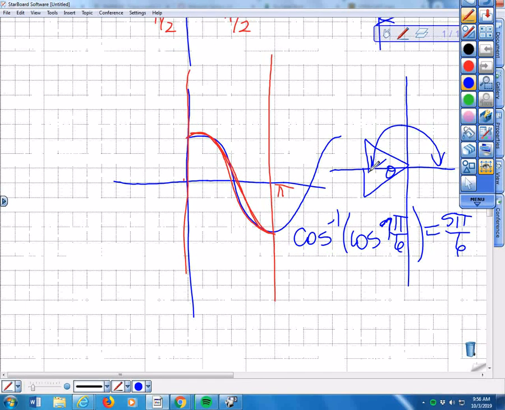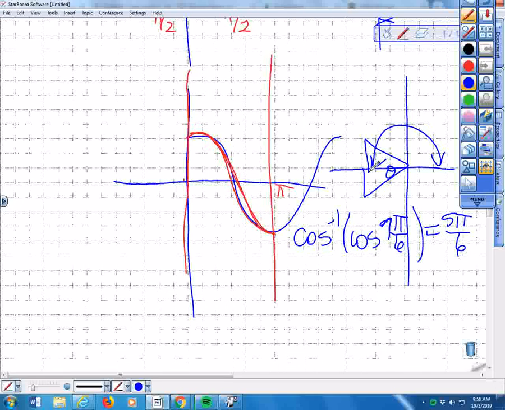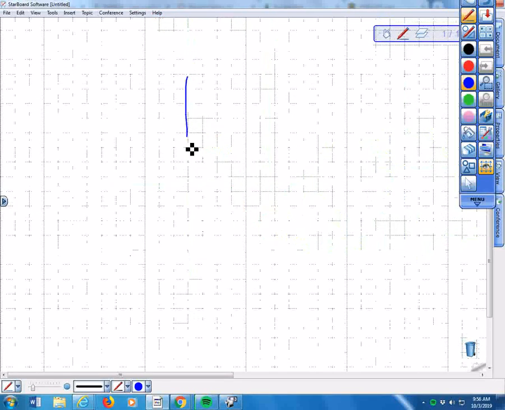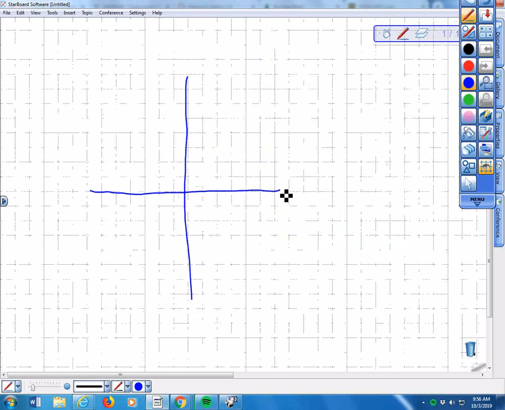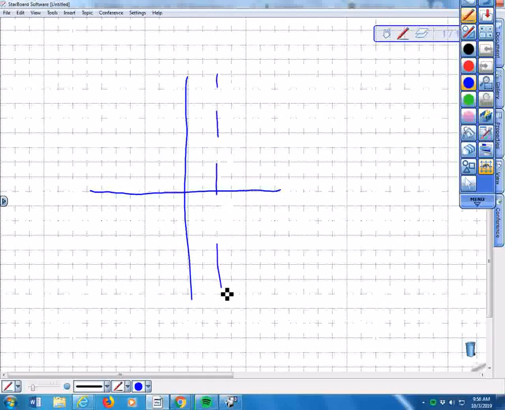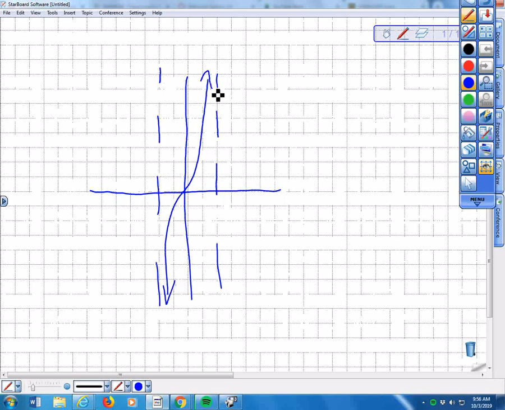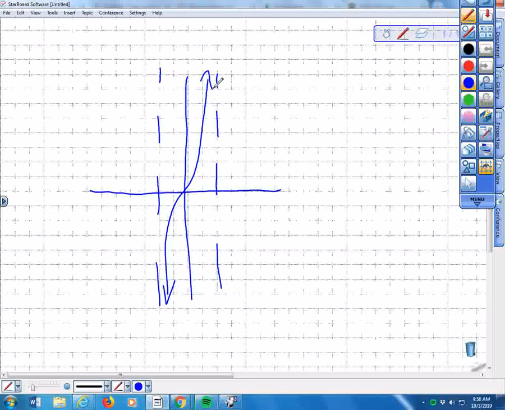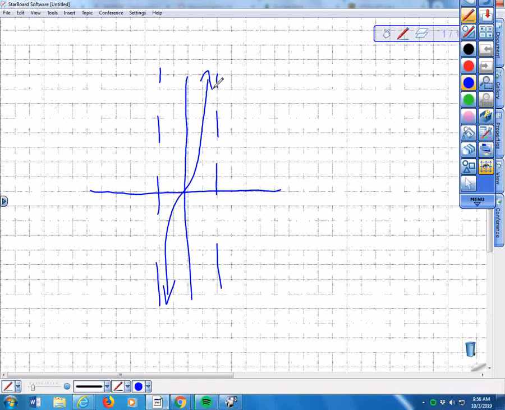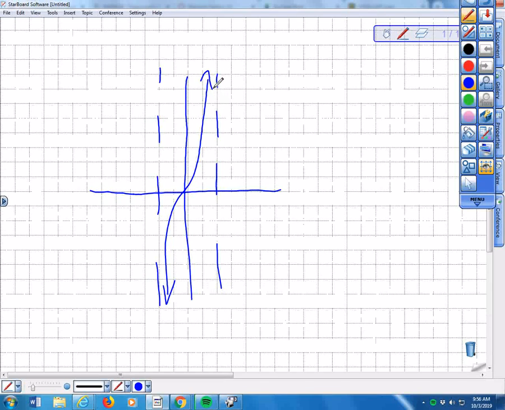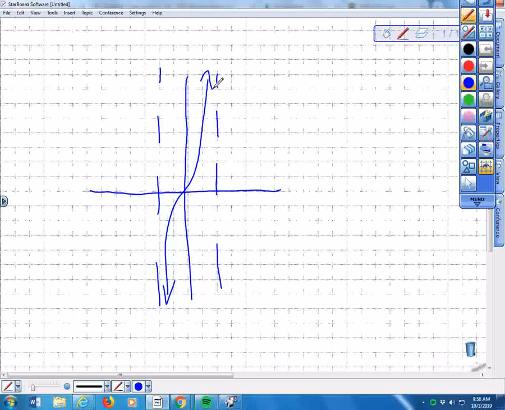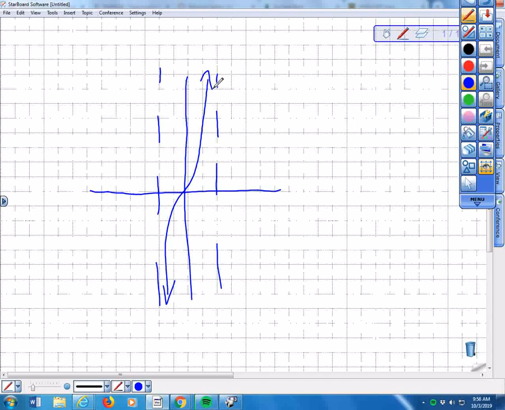Okay, domain restriction for tangent. You remember? Negative pi over 2 to pi over 2, same as sine. Okay, so let me give you this one.